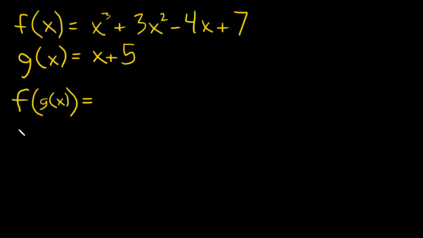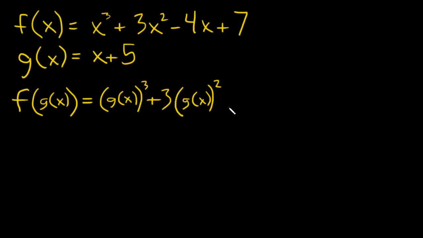Okay? f of g of x is, instead of x, I'm going to have g of x cubed plus 3 times g of x squared minus 4 times g of x, and then plus 7.